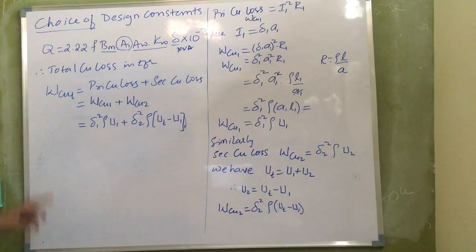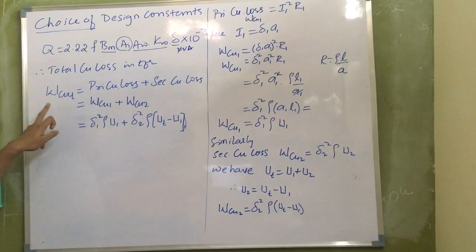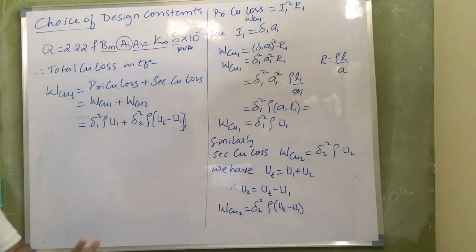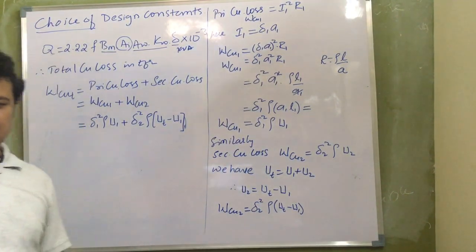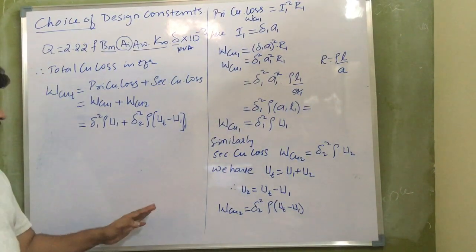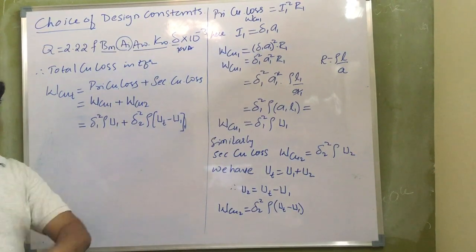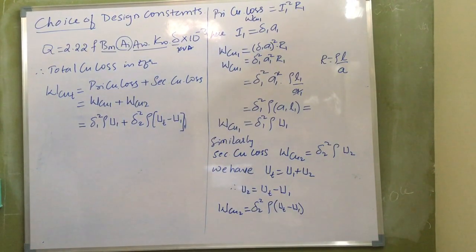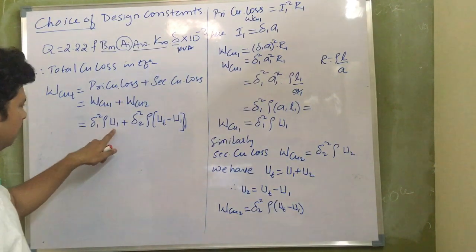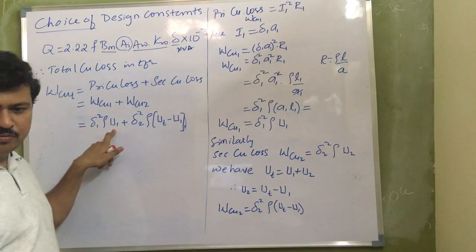If the differentiation of total copper losses with respect to the variable is 0, then I will get minimum copper losses.